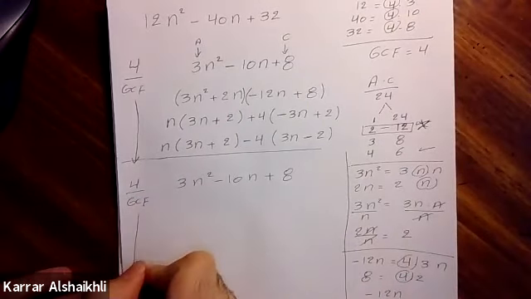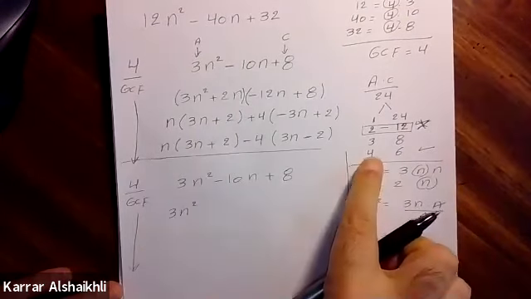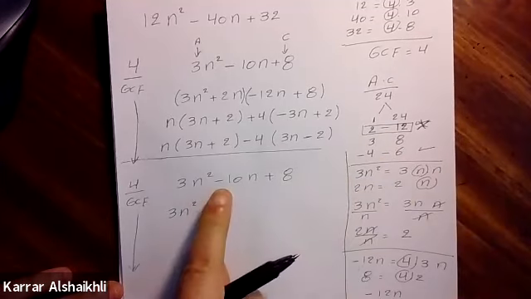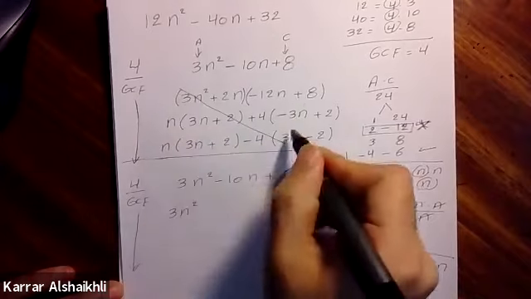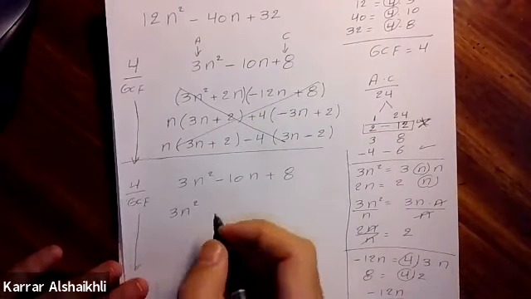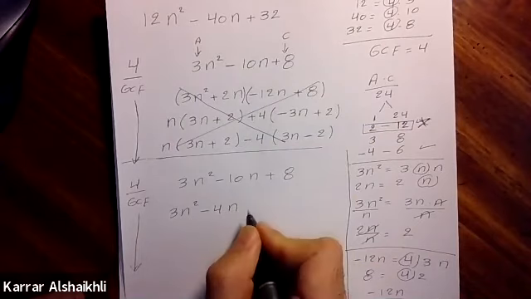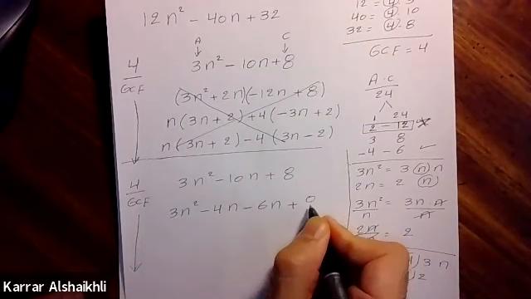So I'm going to say this is 3n squared, minus 4 minus 6, so I can get negative 10. Let's put a cross here so you can understand this is not going to work. Minus 4n minus 6n plus 8.